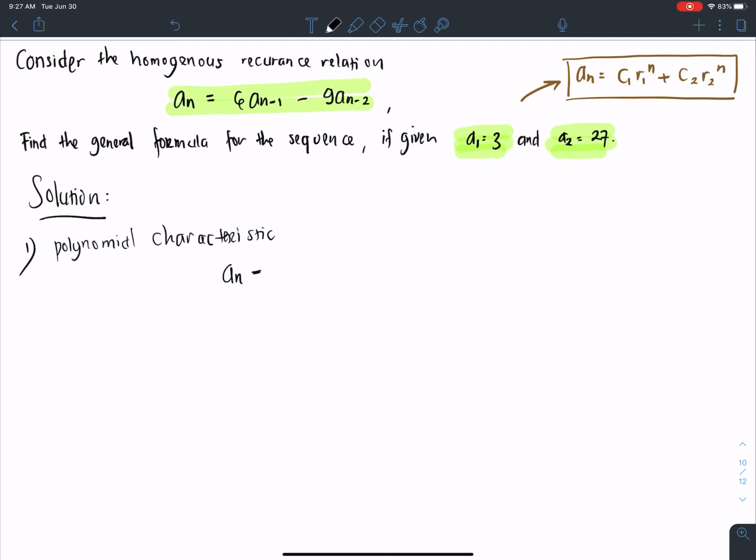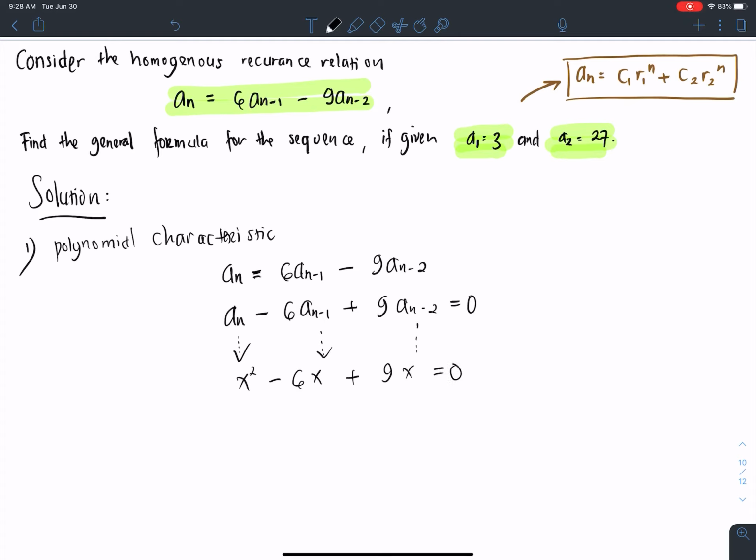So we have a_n = 6a_{n-1} - 9a_{n-2}. If we move the terms over, we get a_n - 6a_{n-1} + 9a_{n-2} = 0. So the sign also changed, right? Then this becomes x squared minus 6x plus 9 equal to 0, where a_{n-1} changes to x and a_{n-2} changes to 1.